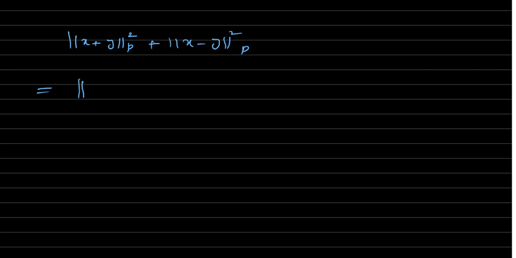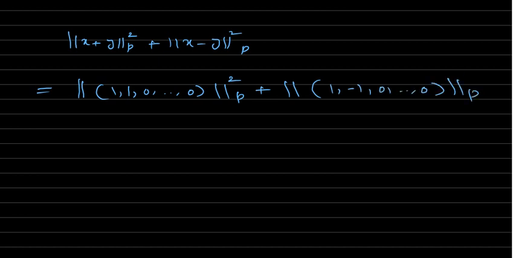You can add component wise, it's 1, 1, then 0, 0, in the pth norm square. And here it's x minus y, where x is 1, 0, 0, 0 and y is 0, 1, 0, 0, 0. So it will be 1, minus 1, 0, 0, in the p norm square.